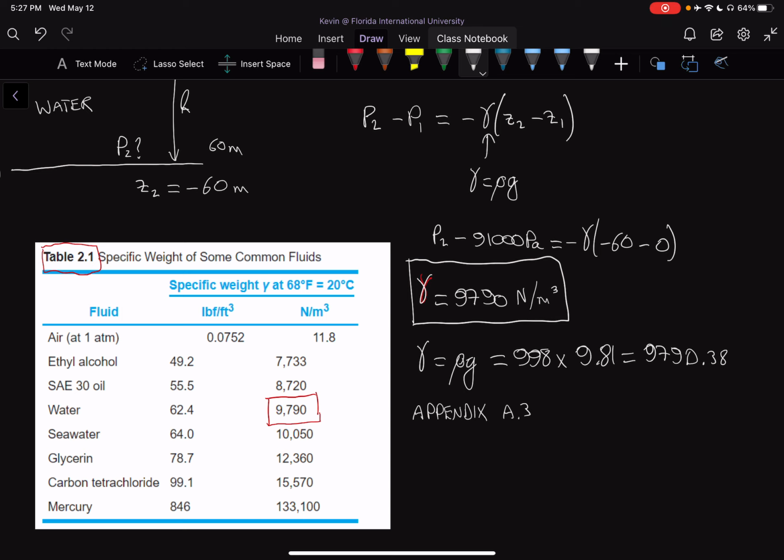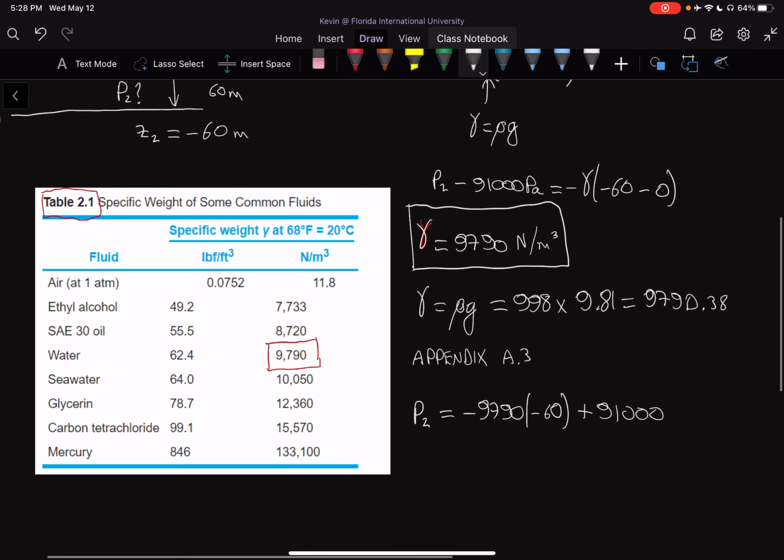We also know that at a higher depth, the pressure is going to be higher. So if your calculation yields a pressure that's lower, there's something wrong with your calculation. So we can say that P2, by rearranging the equation, is equal to minus 9790 multiplied by minus 60, plus 91,000.